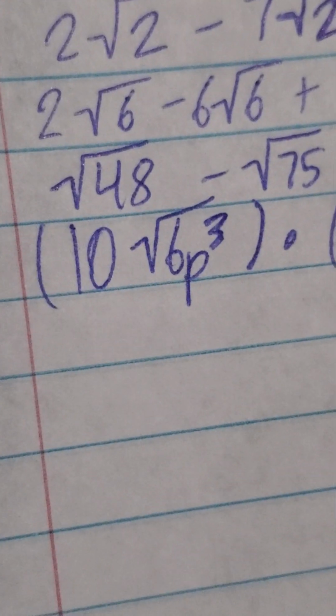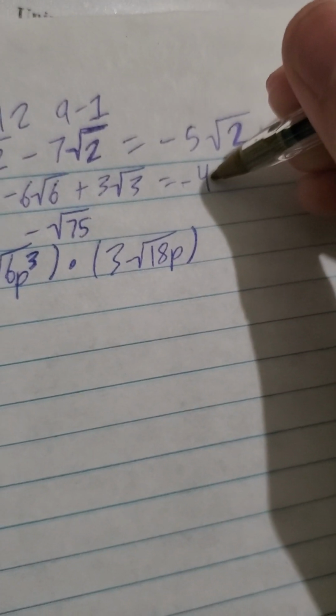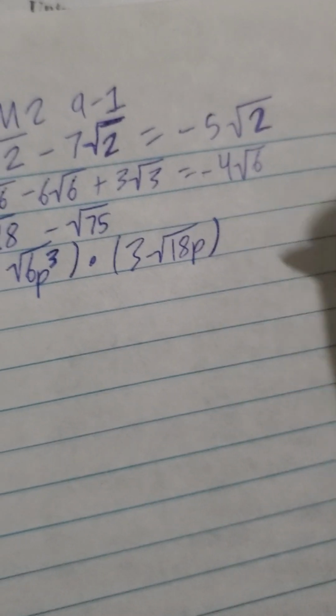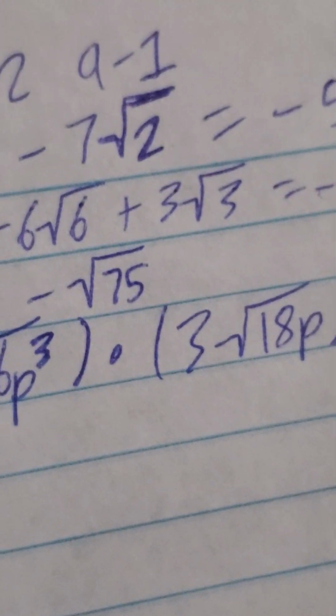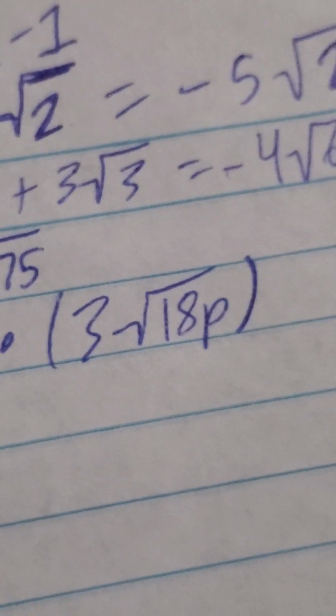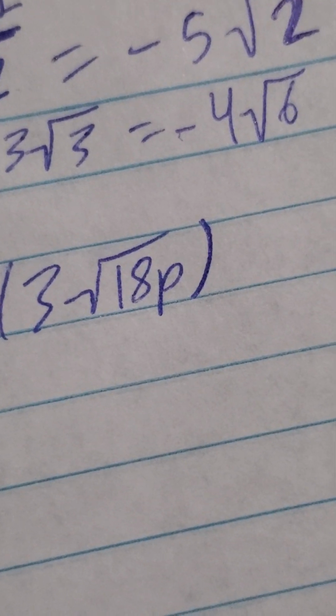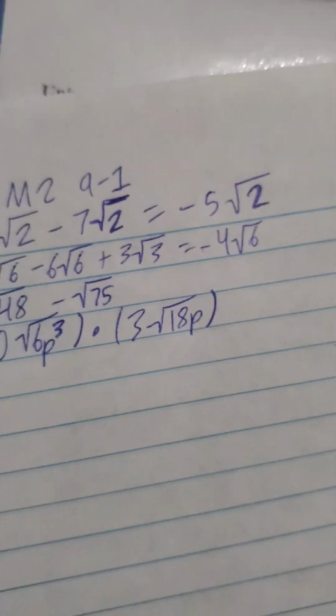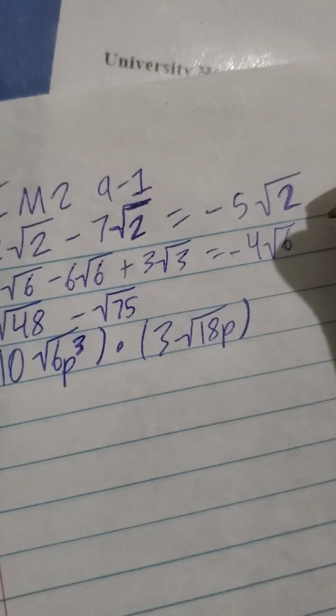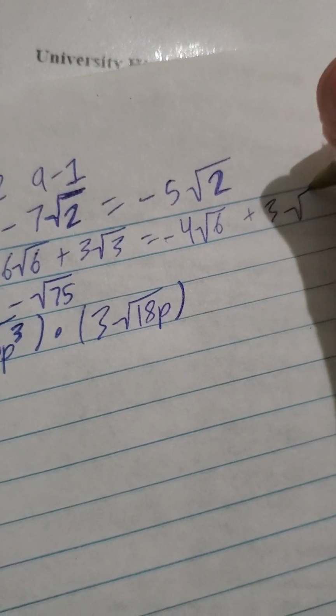And then we have root 6, so we add the root back. And then what do we do with this 3 root 3? Well, it's not the same root, so we just keep it as is.